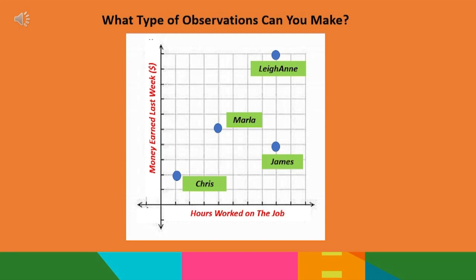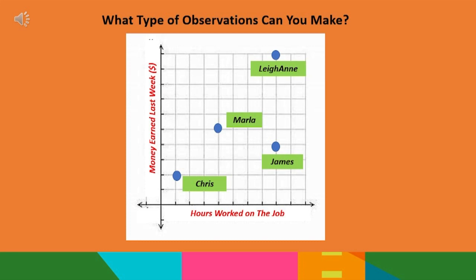So let's make one observation. I would like for you to make the observation between Chris and Marla. Now, as you make that observation, I want you to always think about how each of these points relates to the origin and each other. So let's talk about it for a moment.